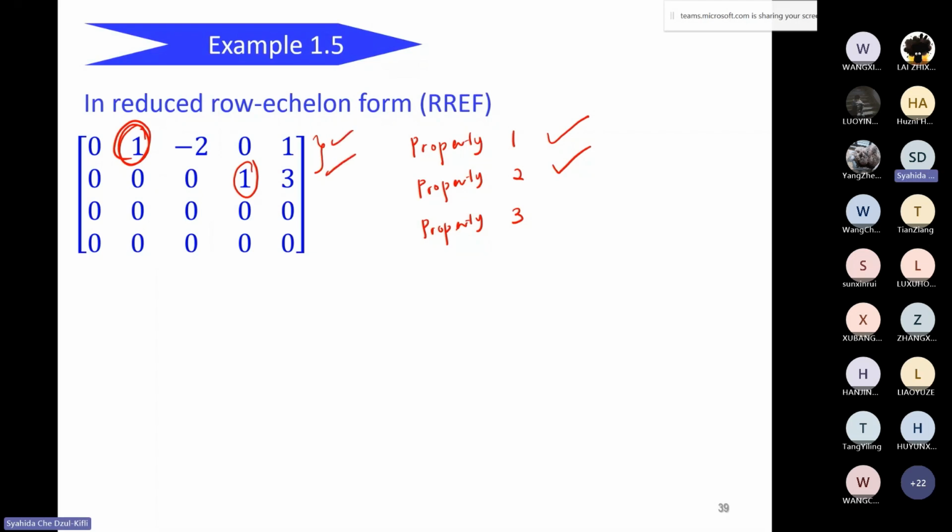So this is good. We don't have to check the other rows because there is no other leading one. So property 3 is satisfied. So we know that it is REF, because REF means that it satisfies the first three conditions. Now property 4.